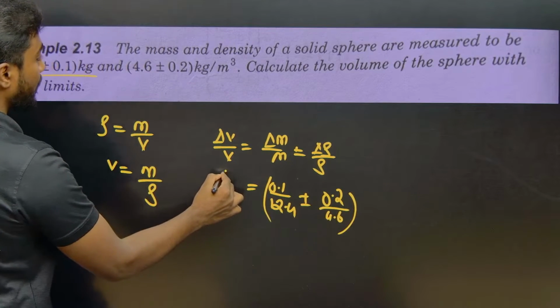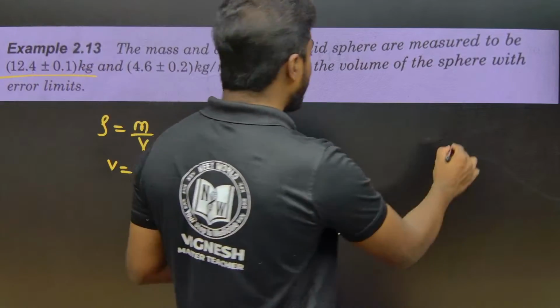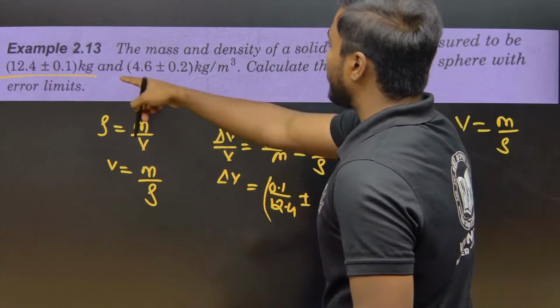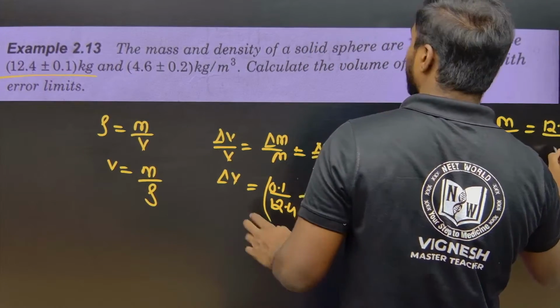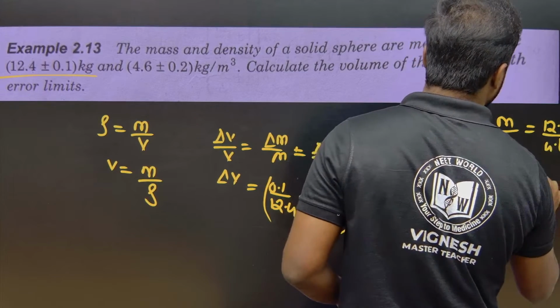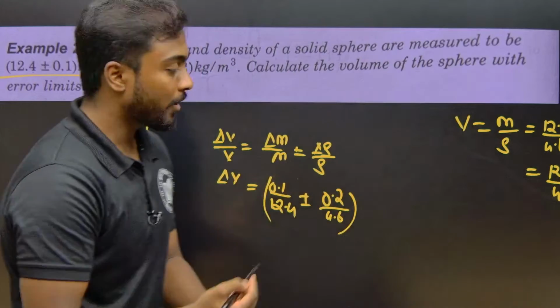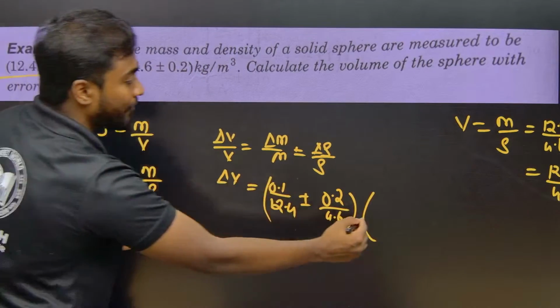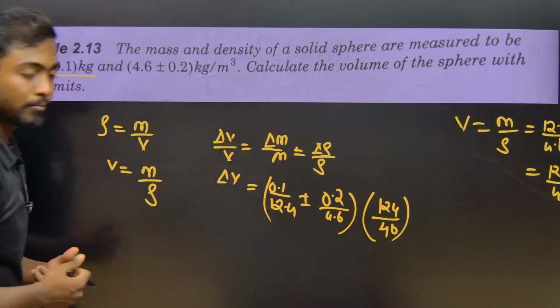So to find delta V, I need to find out the value of V. V will be equal to m by rho, so m is 12.4 and rho is 4.6, so 124 by 46. Keep as it is. I can multiply V this side, so the value will be 124 by 46.